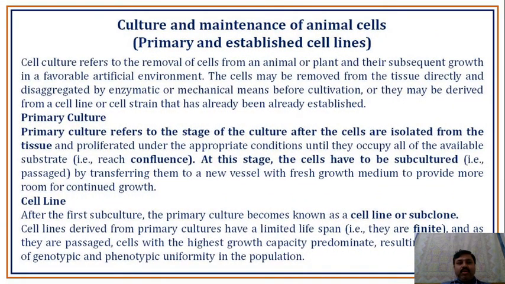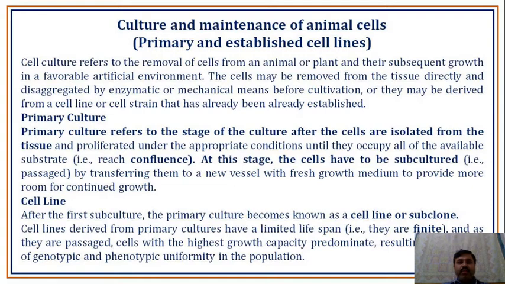So here, what does cell culture define? Cell culture refers to the removal of cells from an animal or plant; in this case, we are talking about animals. And their subsequent growth in a very favorable artificial environment. Why artificial?